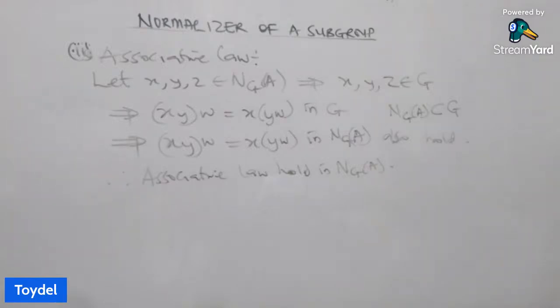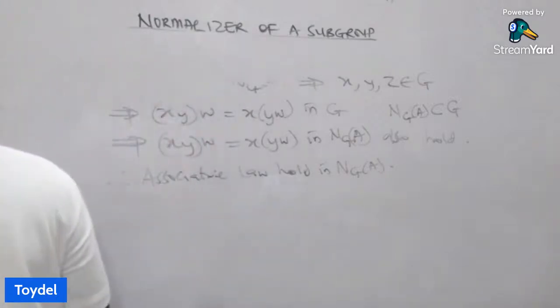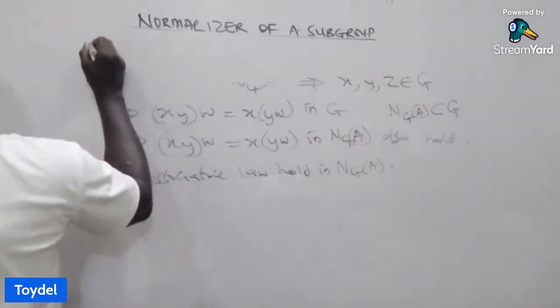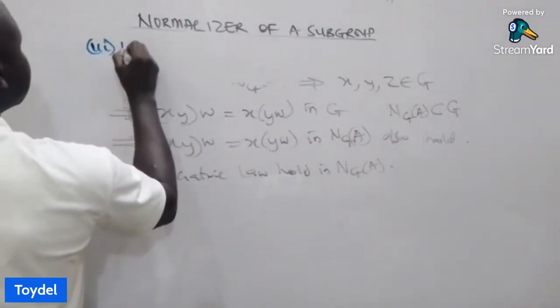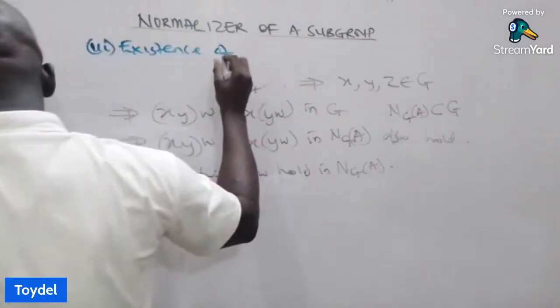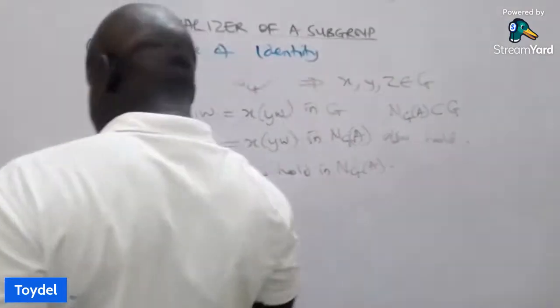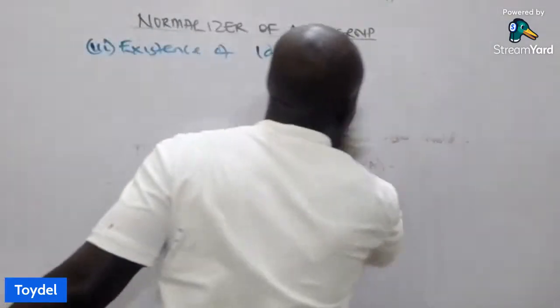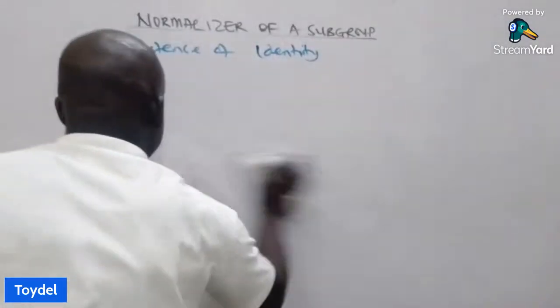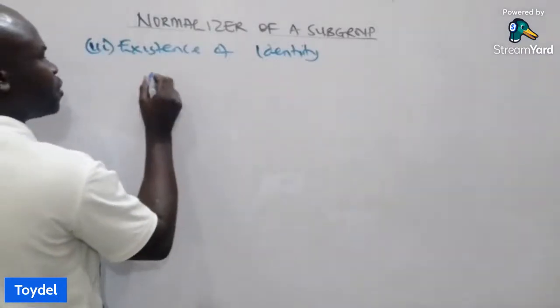So we go to the next property, which is the existence of identity element. So let's check if we'll be able to get that. This one is straightforward.